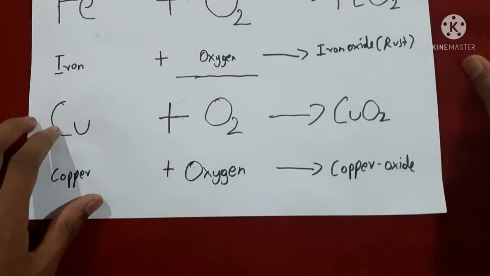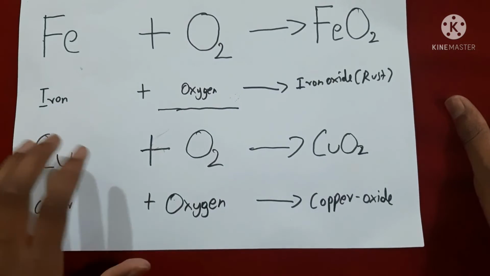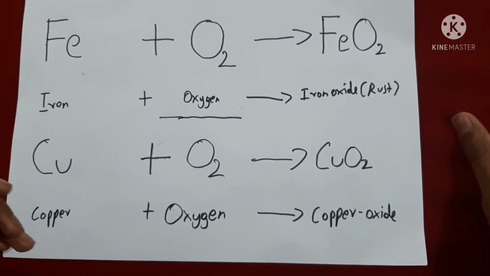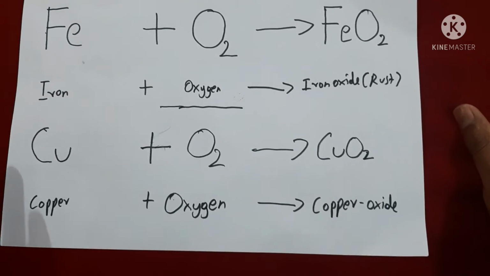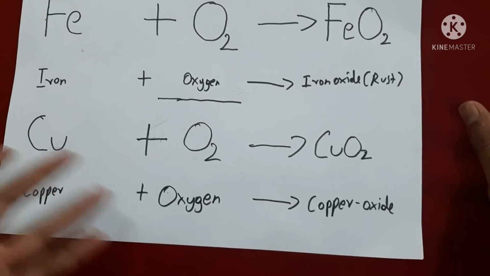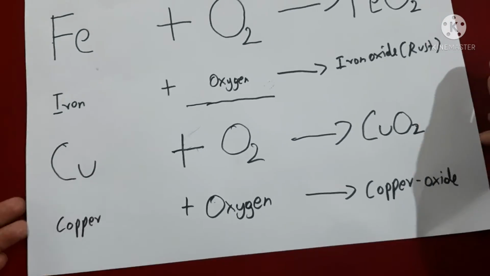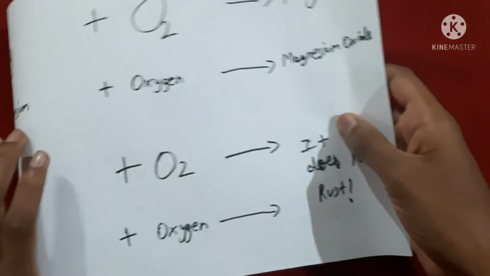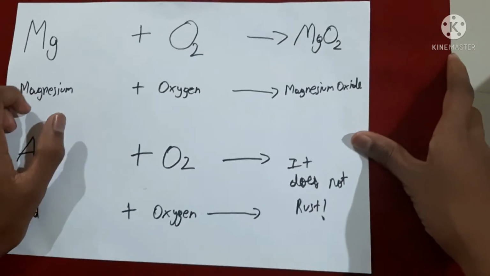Iron is not the only metal which rusts. Some other examples are copper, magnesium, aluminum, stuff like that. With the other elements such as copper, the same process happens, and it also occurs here with magnesium.